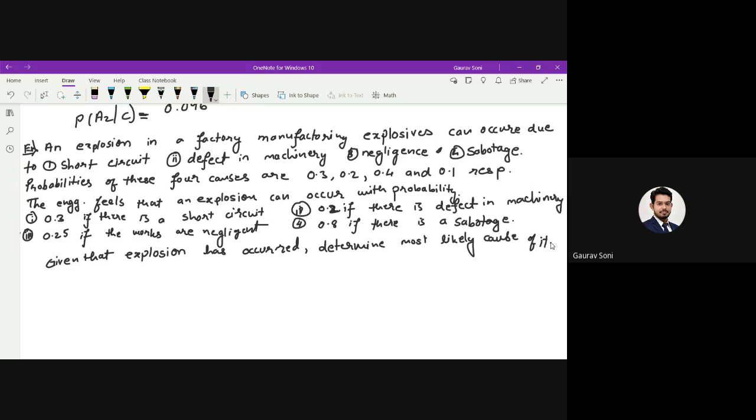Okay, so first of all, let's just define the events. What is the event A1? Remember that whenever you are using Bayes theorem, first of all, define the partitions. Our experiment is of having an explosion, right? So the explosion will give the partition as the first one, short circuit.